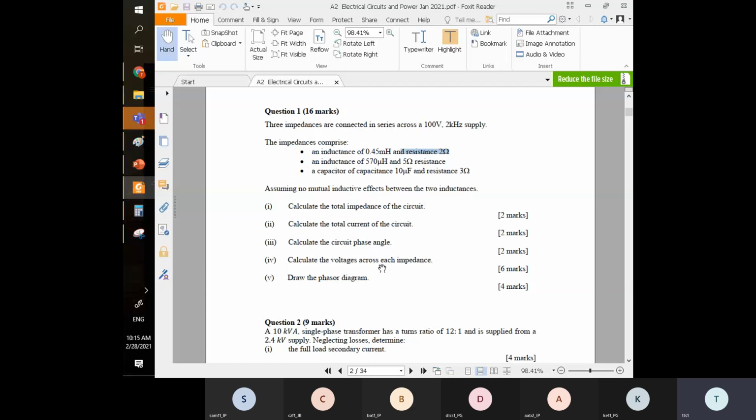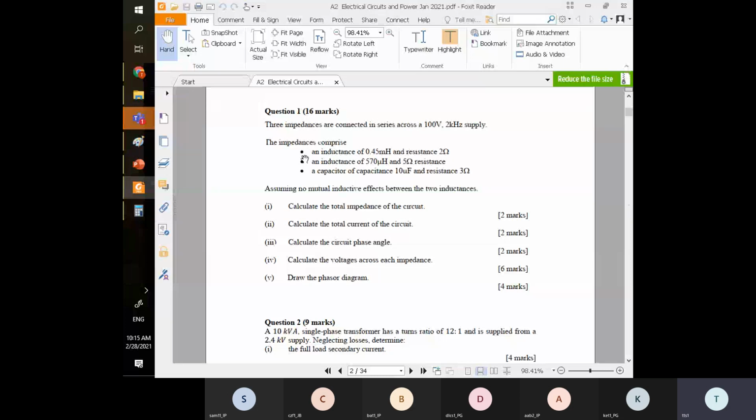So I want to give you the answer now. You don't need to guess, okay? To calculate the voltage for each impedance, what we consider as one impedance, let me make it very clear to you.